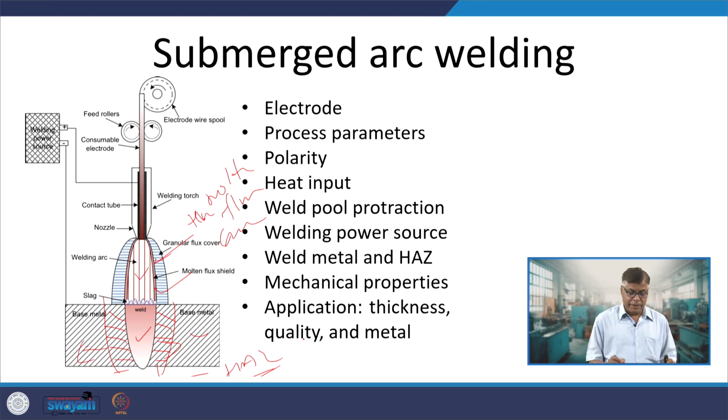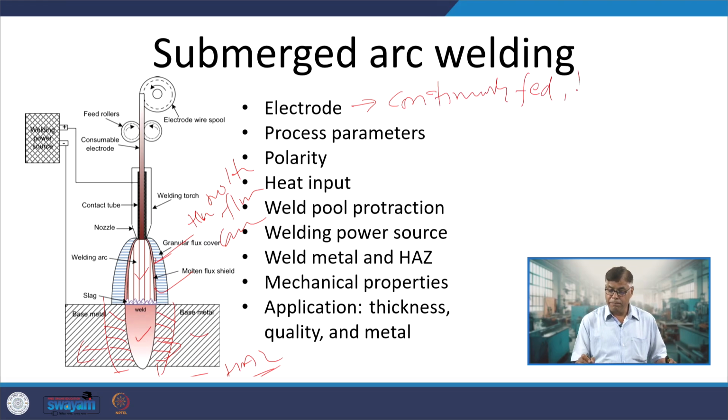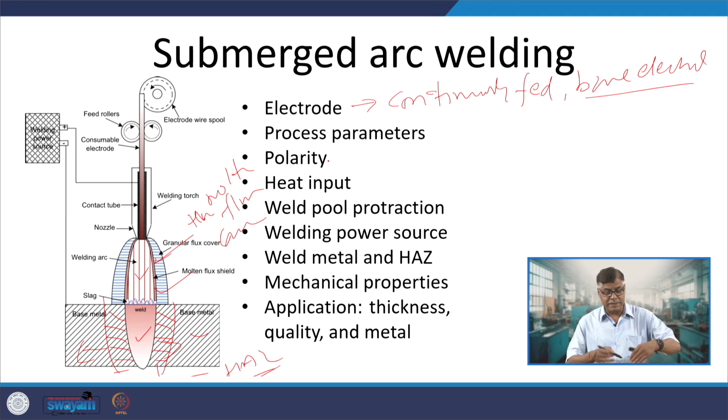Okay. So, as far as the electrode is concerned, there is a continuously fed bare electrode in this process. So, it can continuously supply the electrode. This feature is very good from the mass production point of view, because we need not stop. Okay. The weld joints can be developed in meters continuously without any issue.